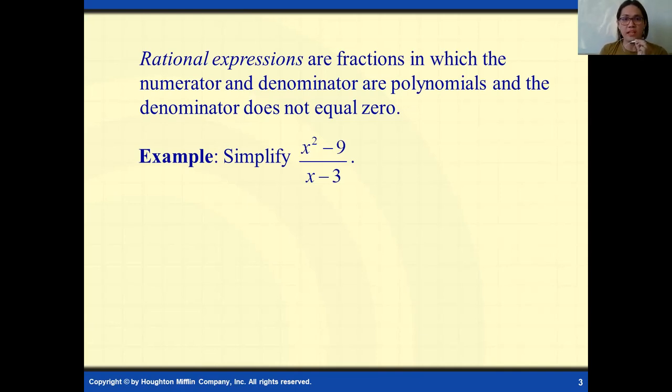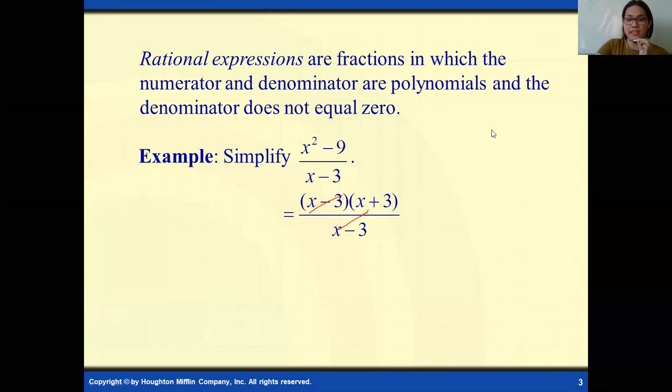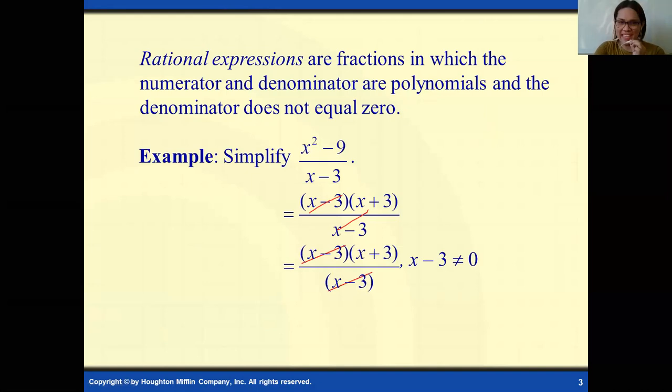In this case, the numerator can be written in factored form as x minus 3 and x plus 3, all over x minus 3. Then after that, we look for common factors. And what will we do to the common factors? We are going to cancel them. So we cancel x minus 3 and x minus 3, and our answer is x plus 3.